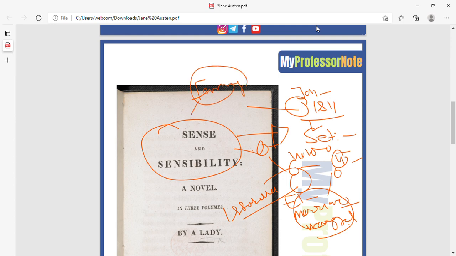One is here in Sense and Sensibility, the second is Mansfield Park, Fanny Price, who got married to Edmund. In such a way, we have to create a connection. We have to make a summary which includes all the characters.